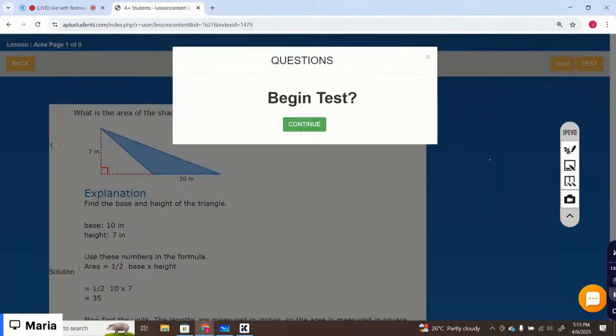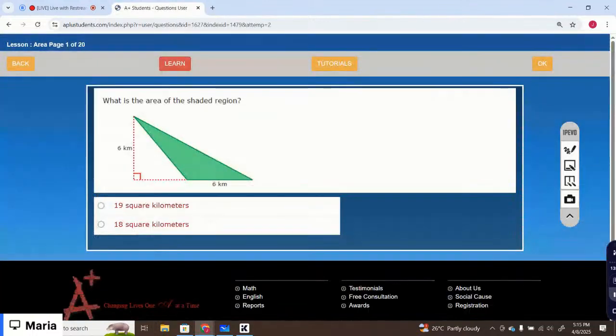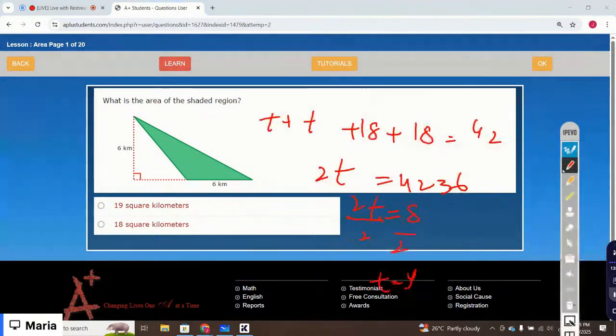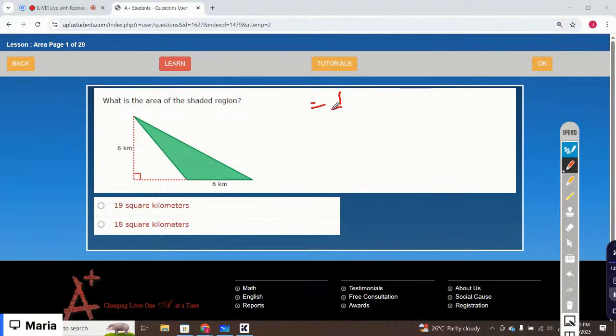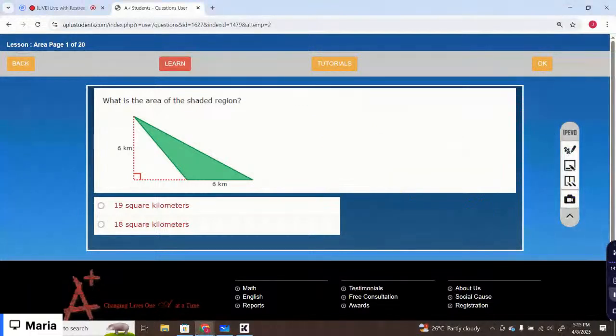Okay, let's just start with the test questions. What is the area of the shaded region? Whenever we need to calculate the area of the triangle, we use the formula half times base times height. Base is 6, height is 6, divided by 2, so 36 divided by 2 is 18 square kilometers. Option number 2 is the correct option, that is 18 square kilometers.